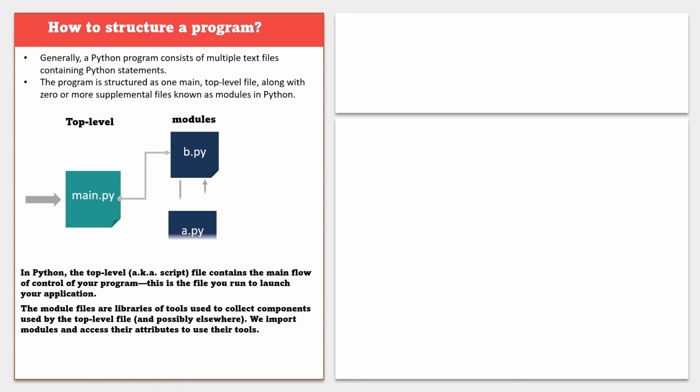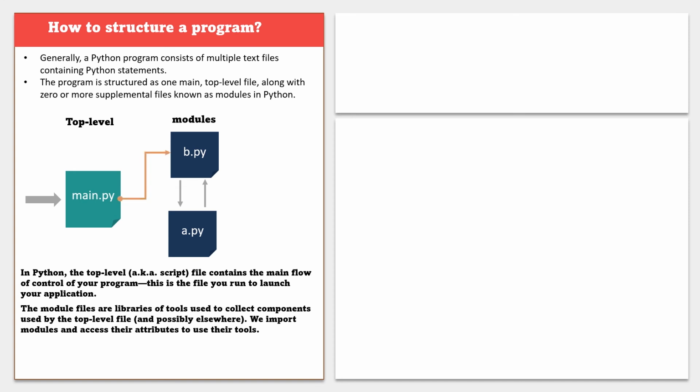Basically, modules use tools defined in other modules. That's what you can see here. b.py is a module file which uses tools defined in another module file called a.py. Module files generally don't do anything when run directly.